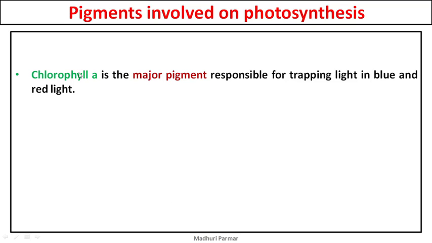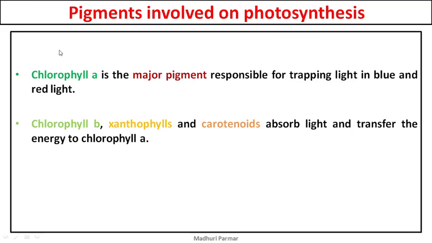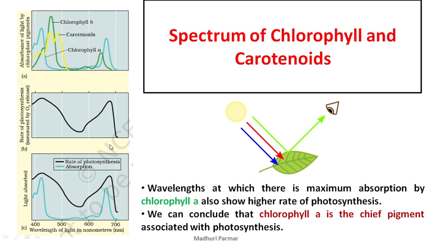Chlorophyll A is the major pigment responsible for trapping light in blue and red light. So in blue and red light, most of the energy in form of light will be absorbed by chlorophyll A. Chlorophyll B, xanthophyll, and carotenoids absorb light and transfer energy to chlorophyll A. So from this diagram, you can see that they have different absorption spectra.